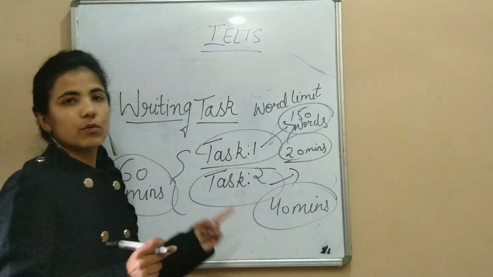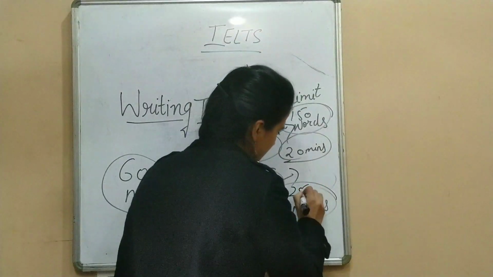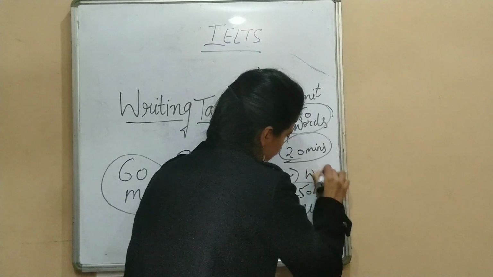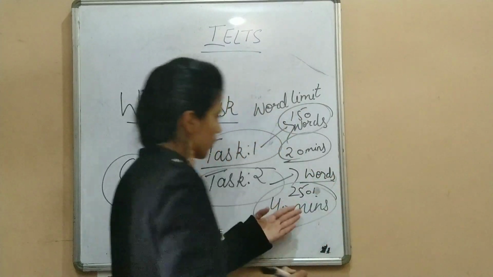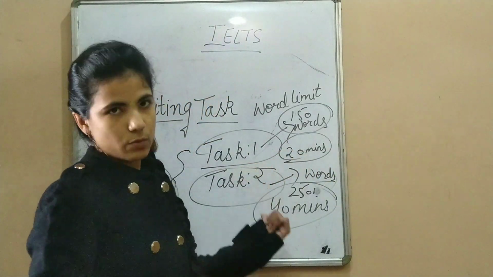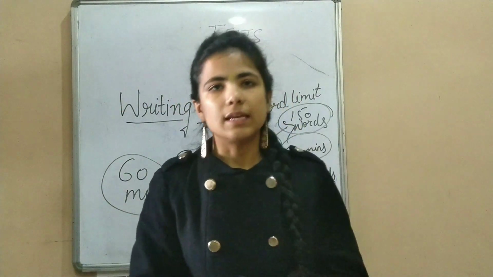Secondly, the word limit in task 2 would be 250 words, which is of course more than that of task 1. So 250 words over here, 150 words over there, 20 minutes for task 1, 40 minutes for task 2. This is how a writing task takes place.